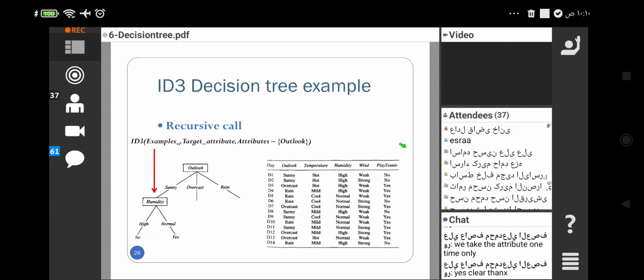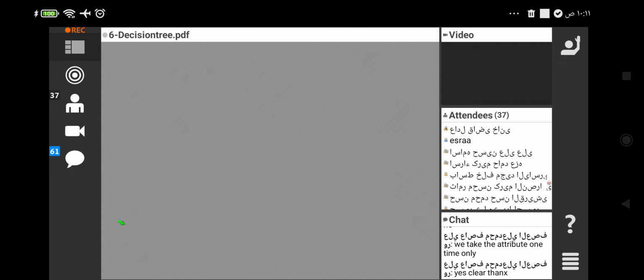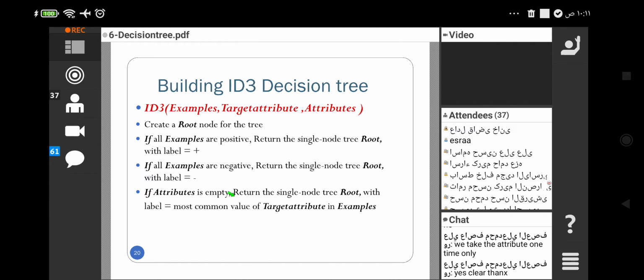Play tennis is no, so it's negative. In this one, sunny, again high, and it's no. Here it's sunny, but this is normal. So all of the data where outlook is sunny and humidity is high, the label is negative. So the condition that we had at the start of the algorithm, is all of the data negative? We say yes, all of the data are negative.